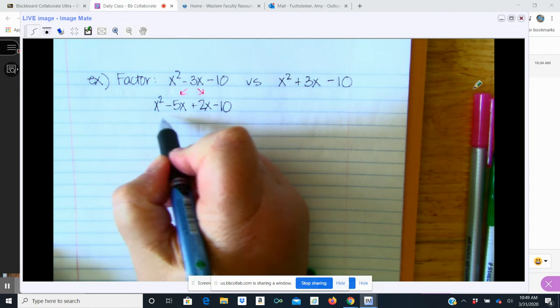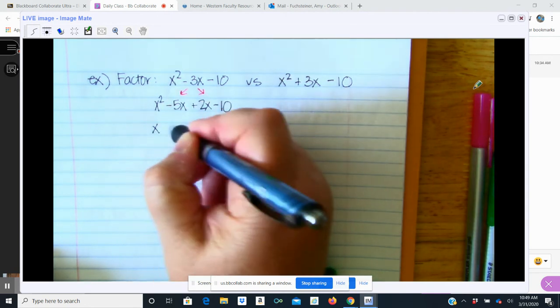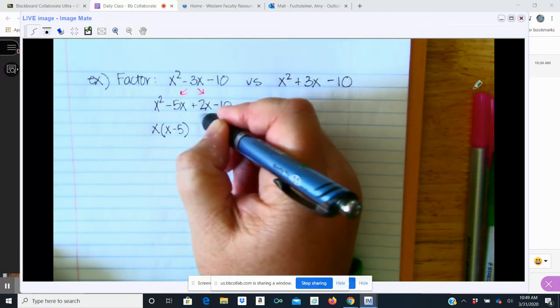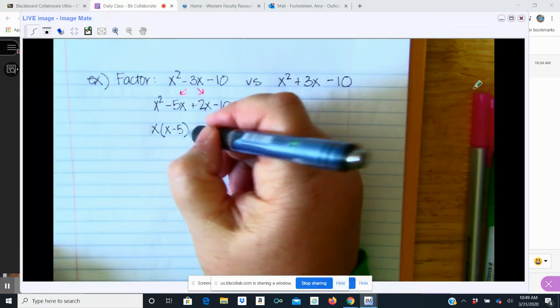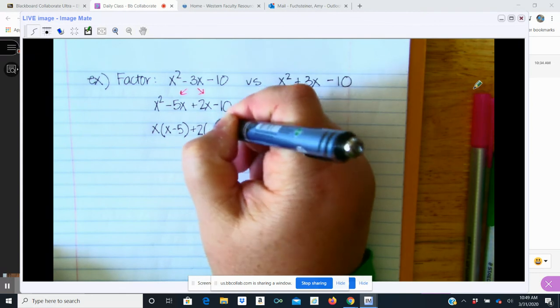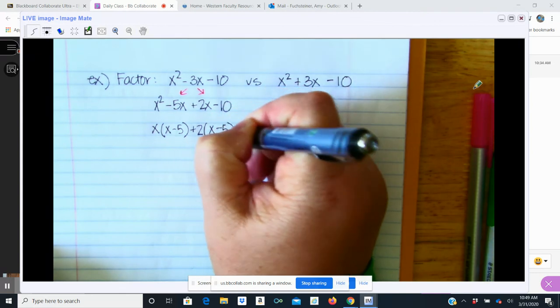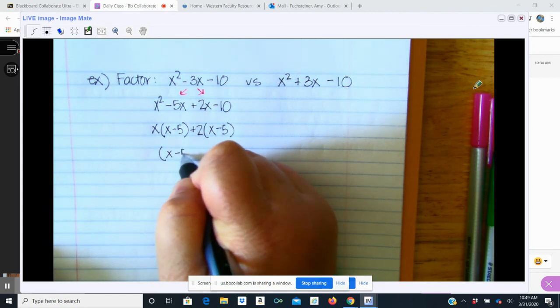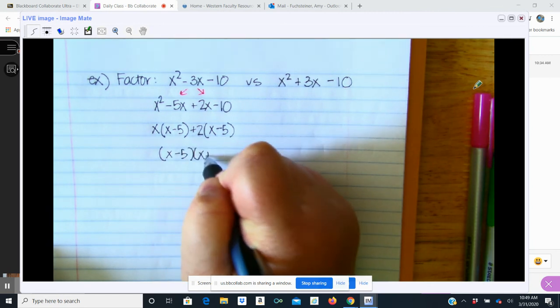So now when I look at the first two, I'm able to pull an x out, leaving an x minus 5. And when I look at the second two, I'm able to pull a positive 2 out, leaving an x minus 5. So my factors are x minus 5, x plus 2.